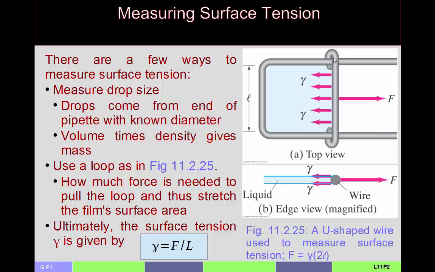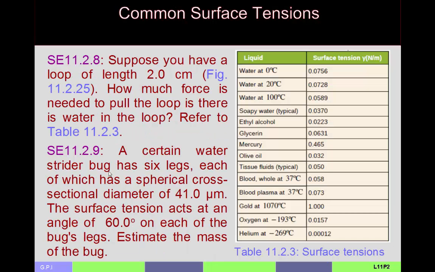And the answer is that force should be equal to whatever is the length of this loop times whatever is the surface tension. And then usually there's a factor of 2 because you have a surface tension above and you have a surface tension below. There's 2 surfaces for the membrane, a top surface and a bottom surface.